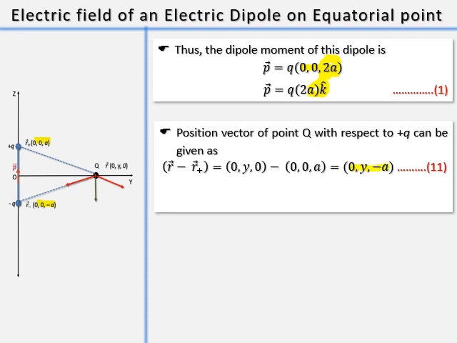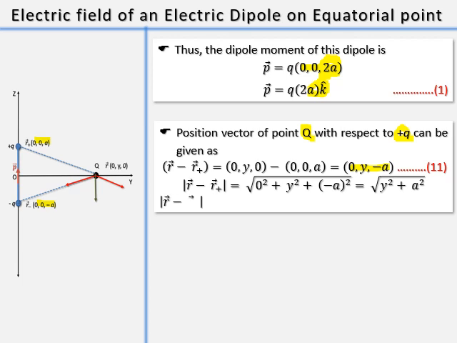This is the position vector of point Q with respect to plus q. How far is point Q from plus q? Just take the mod of equation 11. So the mod of r minus r positive gives that the distance between point Q and the positive charge is the square root of y square plus a square, as shown in result 12.